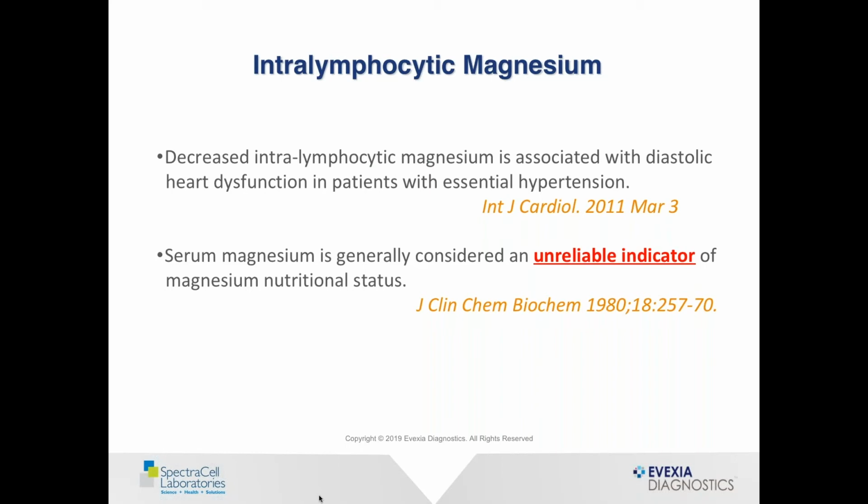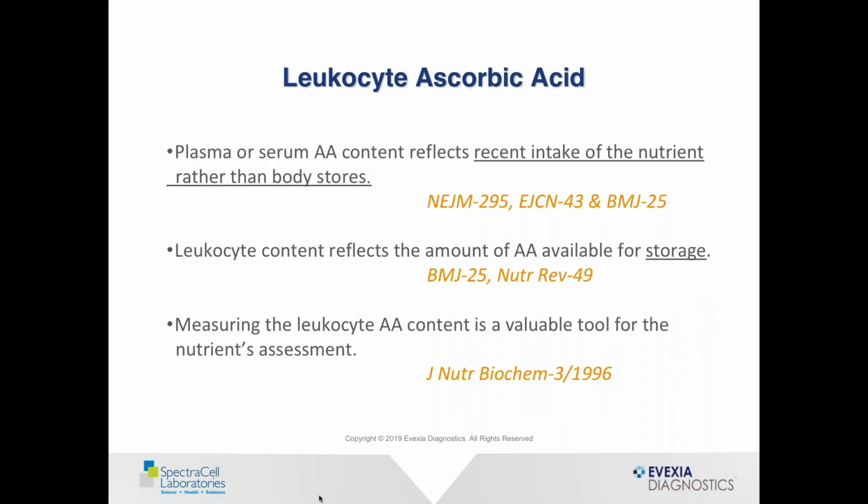Decreased intralymphocytic magnesium is associated with diastolic heart dysfunction in patients with essential hypertension. That's what was analyzed. Next, serum magnesium is generally considered an unreliable indicator of magnesium nutritional status, or nutriture, and now you know why, because most of the magnesium lives inside the cell. So that's what you're going to get a window into, what's going on with the magnesium levels.